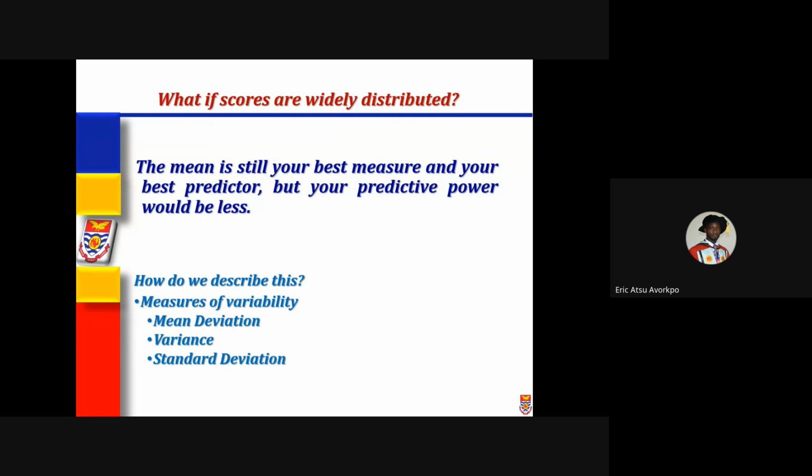So in the case of the 254, you saw that even though the observations are very wide apart, the mean was still better for our description than the median, isn't it? But the danger there is that the predictive power of our values will be very, very low.